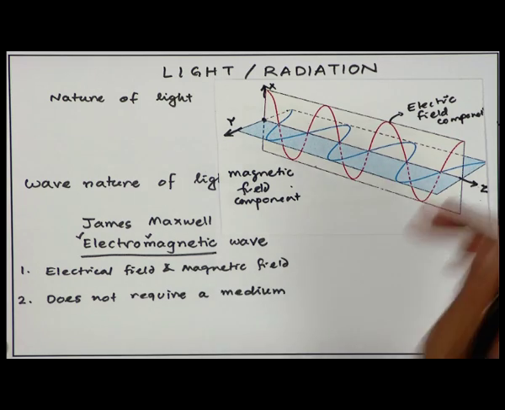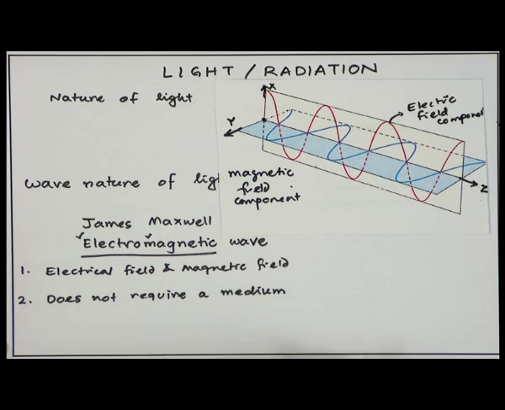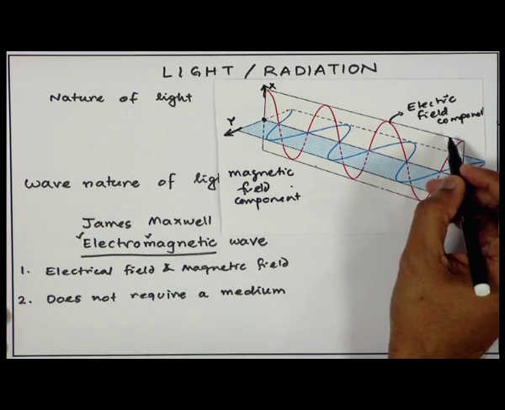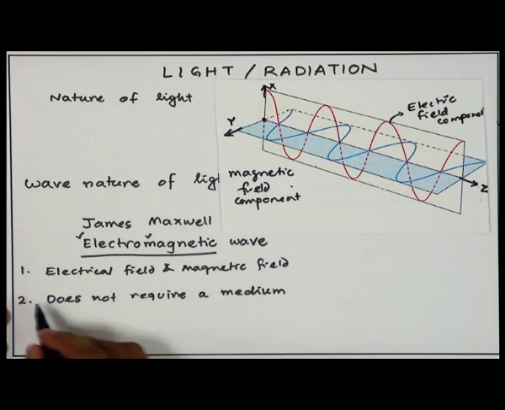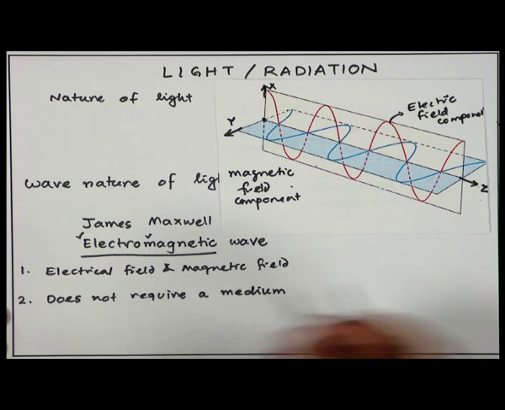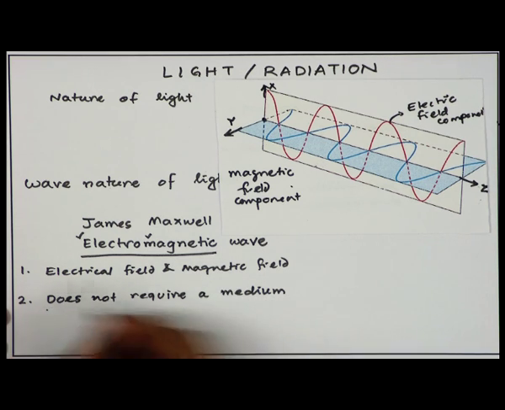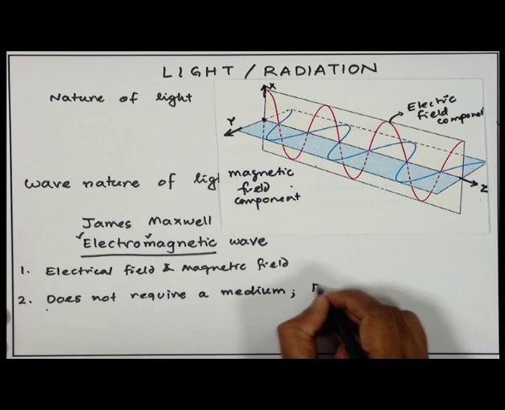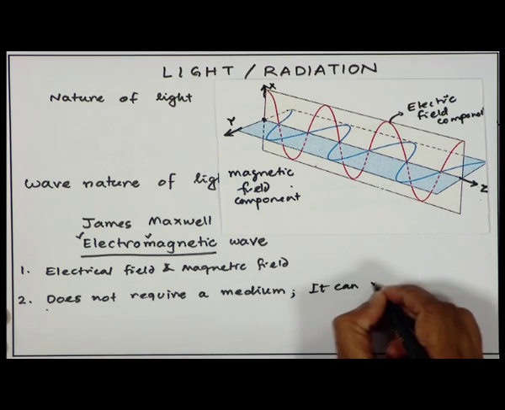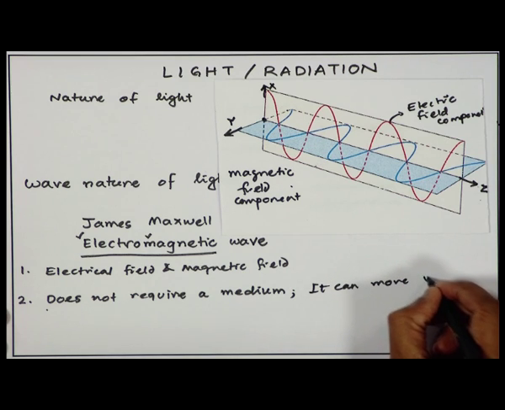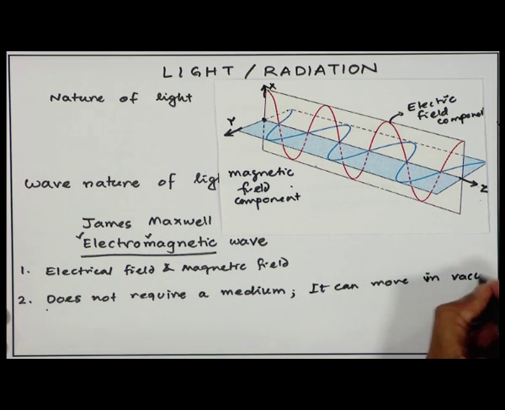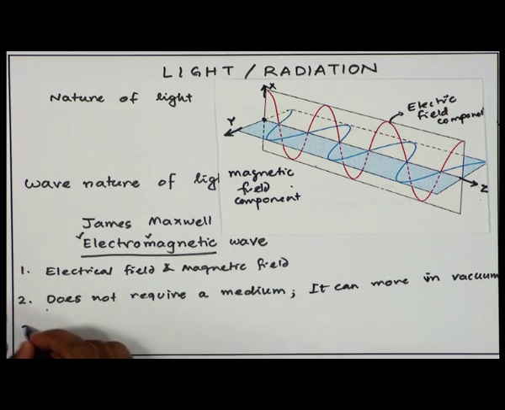Other waves require a medium to be propagated, to move, but electromagnetic radiation does not require any medium to move. So, therefore, it can move in vacuum. This is a very important property.